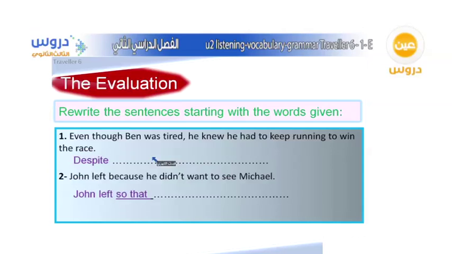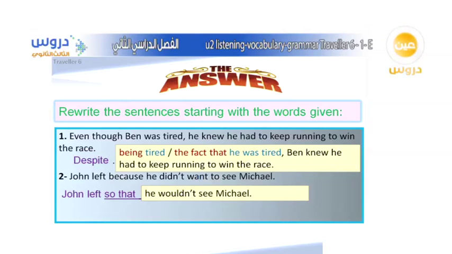If you want to participate in writing the right sentence. Okay, we are going to see now. You can say, as you said, Shuruk, being tired, okay? Or you can say the fact that he was tired, and then you put the reason, then he knew that he had to keep running to win the race. The second sentence, he wouldn't see Mike. Okay? Any questions up to now?